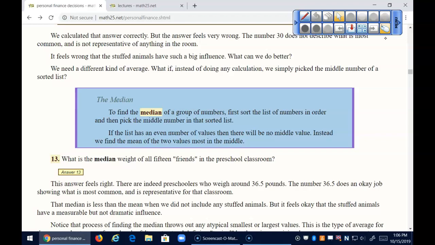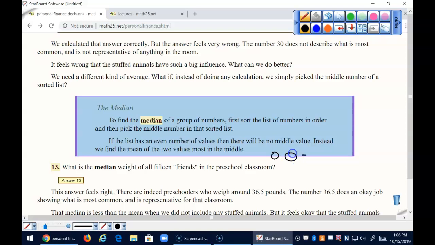If we had 6 things, then we can throw out those, and we can throw out these, and then there's going to be 2 left. So there's no middle item. What do we do? We're actually going to take the mean of those 2, add them up, and divide by 2. That's the best we can do to say the middle item of the list: we're going to make a fake list item in between.